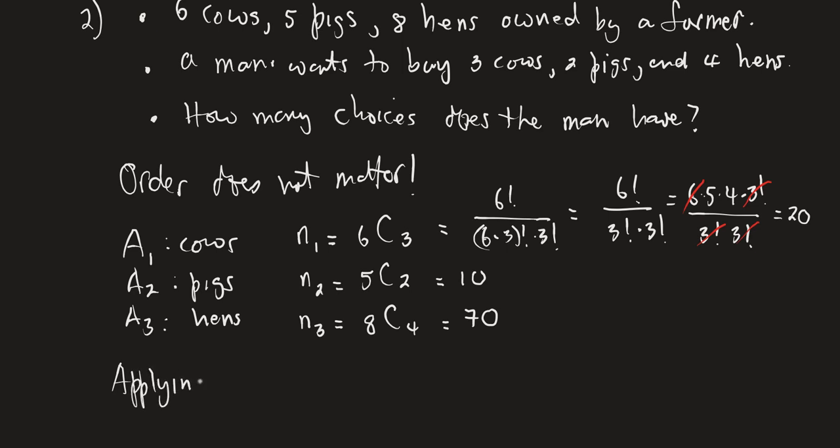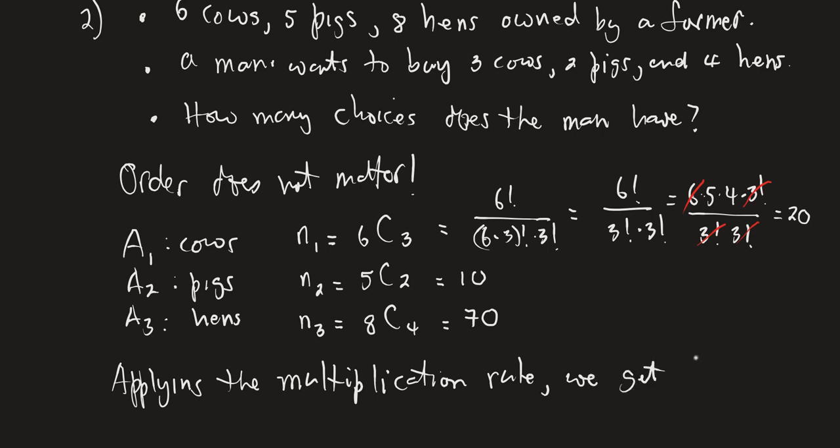Applying the multiplication rule, and remember what the multiplication rule says, you take n1 times n2 times n3, so he has 20 times 10 times 70 total choices to purchase all these different numbers of these 3 animals.